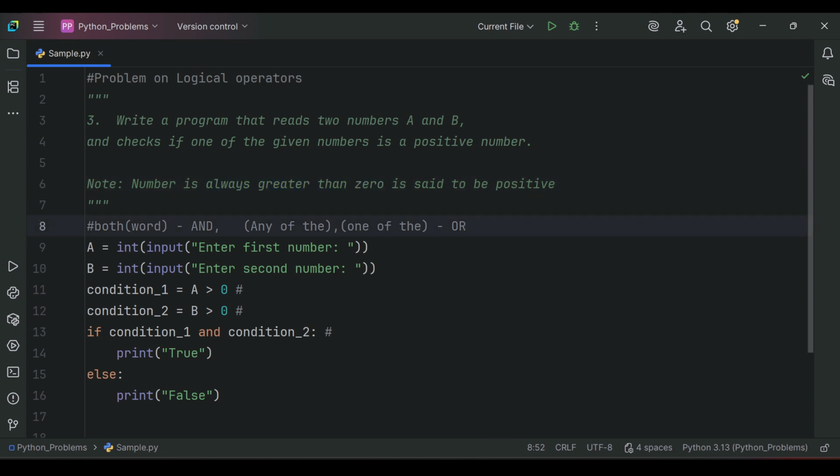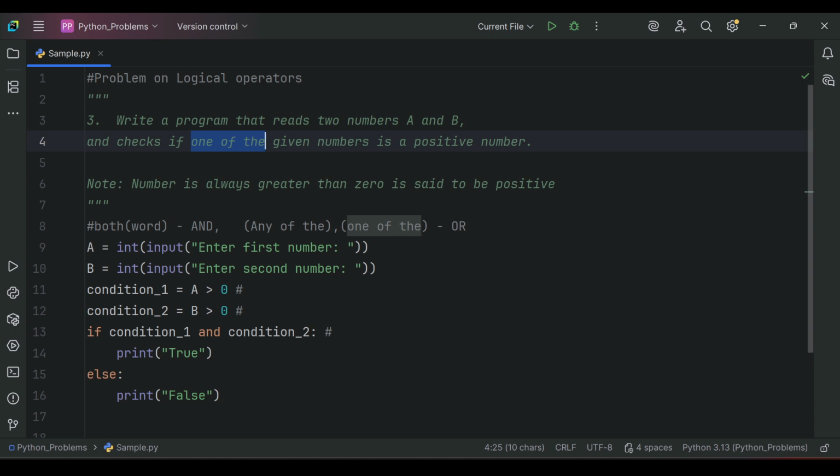Okay. Now observe the problem. Read numbers a and b as inputs. Clear. And checks means the final condition we have to check. And here, one of the means in given conditions, if one condition is satisfied, the output will print true.